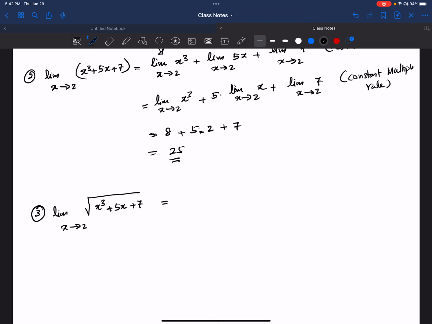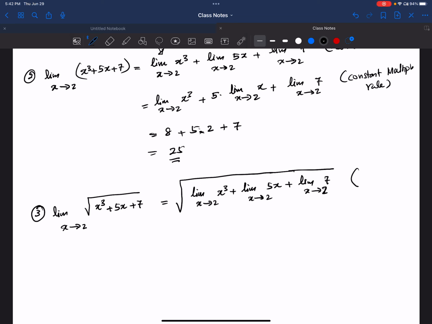And I can put the root law. Now from the previous example, so this is actually root law.